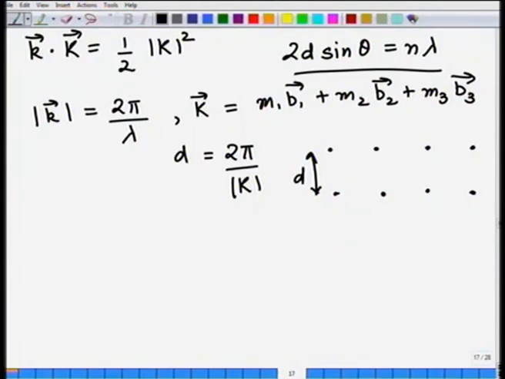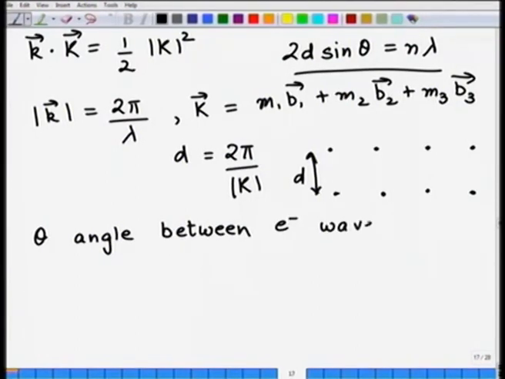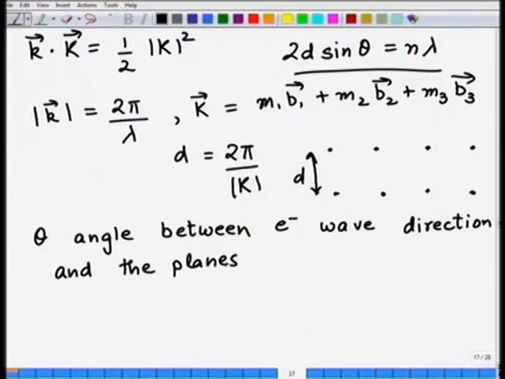Now if I write k dot K, then we say theta is the angle between the wave direction and the planes, and the K vector of course is normal to these planes.